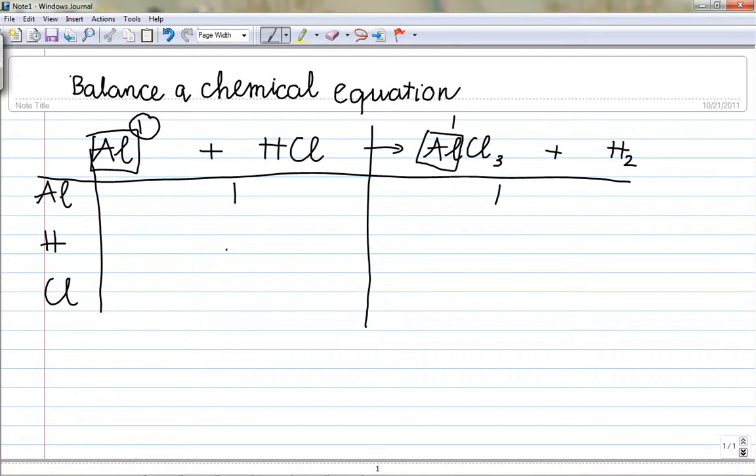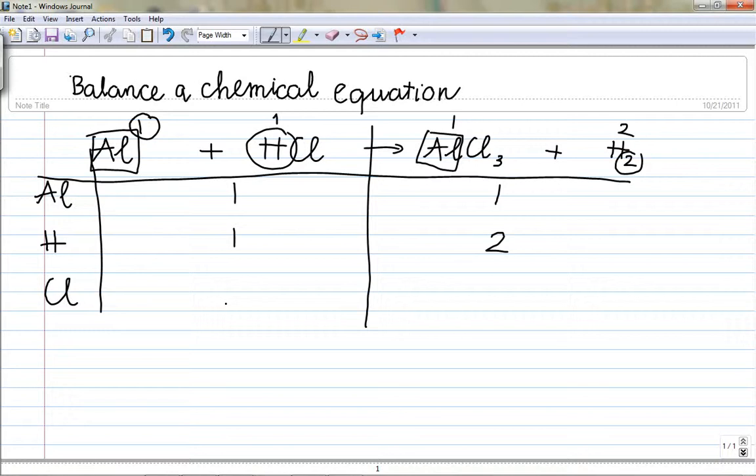Let's look at hydrogen. I have 1 hydrogen on the left hand side, and I have 2 hydrogen on the right hand side. So it's not balanced for hydrogen.